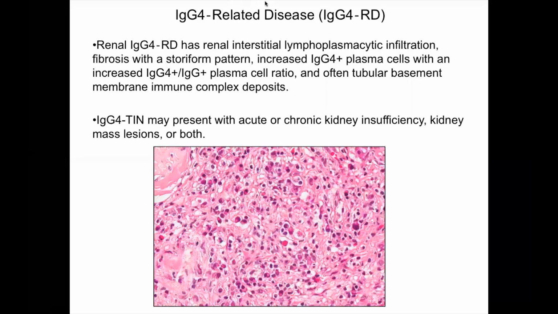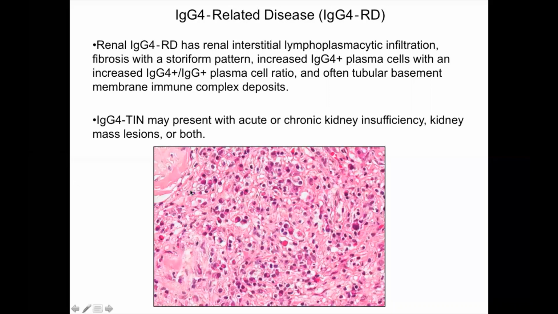All right. So if we have all these features, then we make a diagnosis of IgG4-related disease in the kidney, and the patient should respond to steroids.